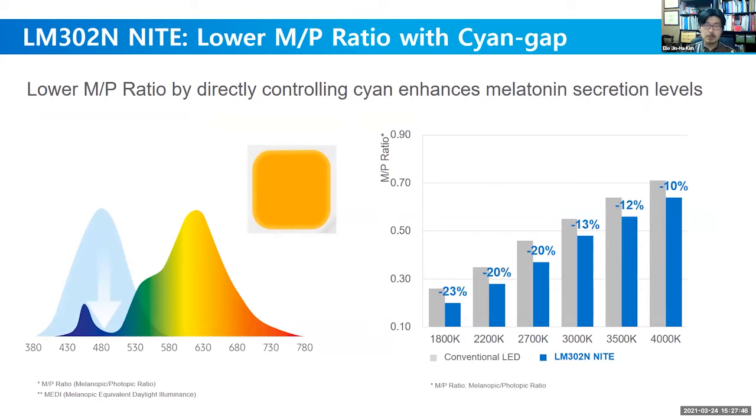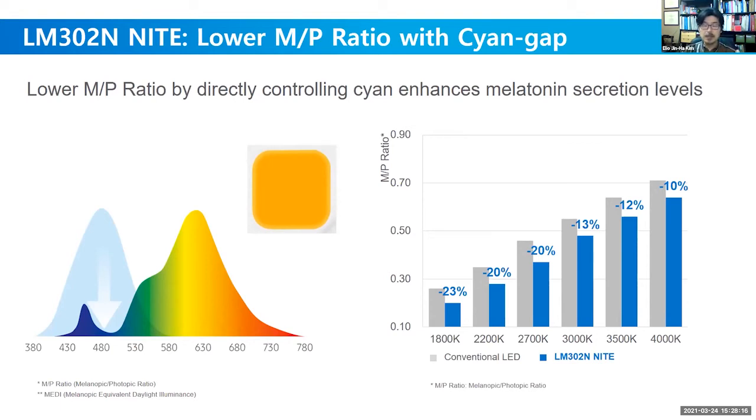That gives lower MP ratio, as you see in the right-hand side in the graph, from 1800 Kelvin all the way to 4000 Kelvin. So the LM302N MP ratio given by the blue bar here has about 10 to 20% lower values compared to the gray bars that represent conventional LEDs' MP ratio.